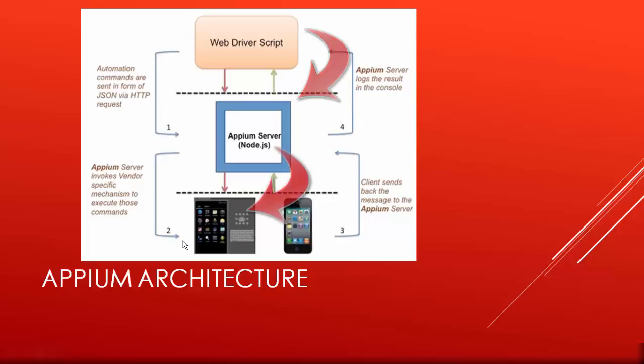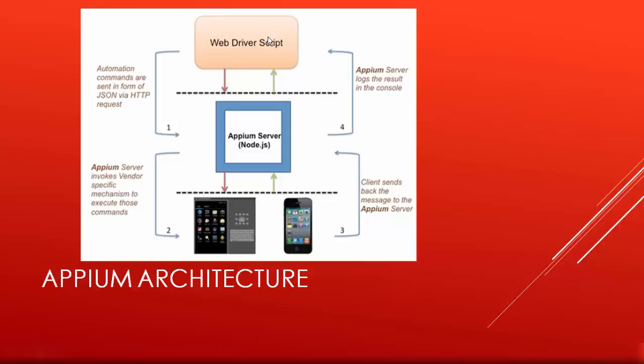From the Appium server, it interacts with the mobile, so the functionalities are performed here. Then the output which is obtained, will it directly go here? No, again it goes to the Appium server, then from the Appium server it goes back to the script, and we see the output. Everybody getting it? Very important.